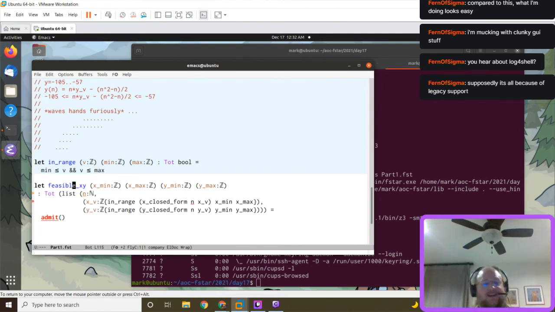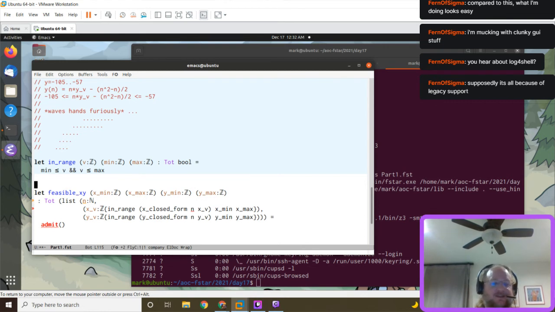Ordinary tuples can't have one argument depend on the other, but dependent tuples do. So I'm going to do type feasible, and it's going to take all those as parameters.